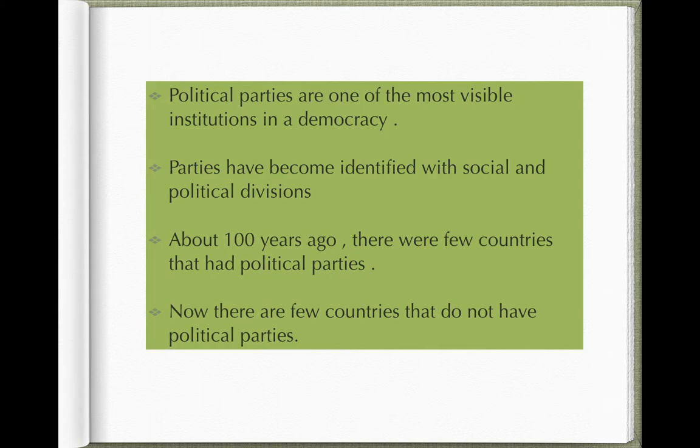But now the situation has changed. Now there are very few countries which actually do not have political parties. So there are many countries today in the world which have adopted a democratic kind of government, and that's why there are political parties in most of the countries of the world.